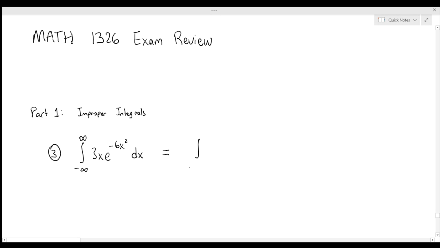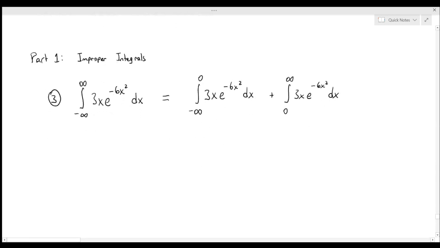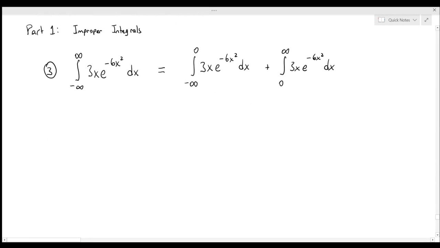So we can split it so that we have one integral from minus infinity to 0, plus another integral from 0 to infinity. Anytime you have an improper integral from minus infinity to infinity, you'll split it into 2 improper integrals like that.